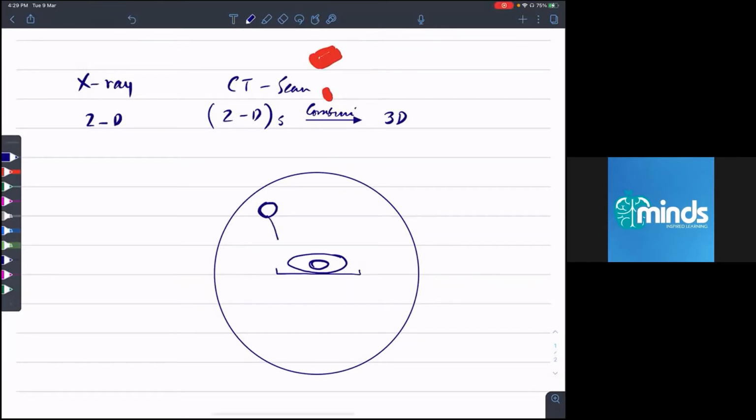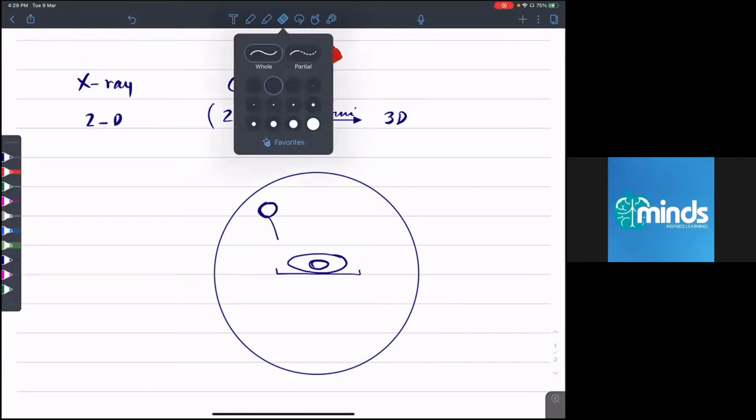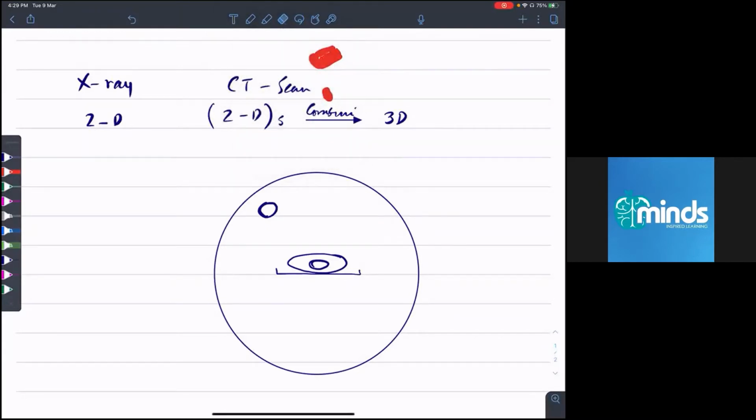So let's say the X-rays are like this. Let me draw it first, then I will shortly explain what I'm trying to say. Behind this bed, we will have a detector that will detect the X-rays emerging out of the patient's body. And what these X-rays carry as information will help us in obtaining the 3D image, right?